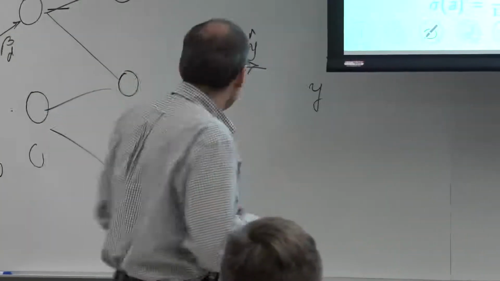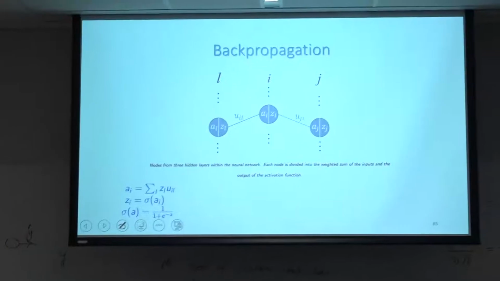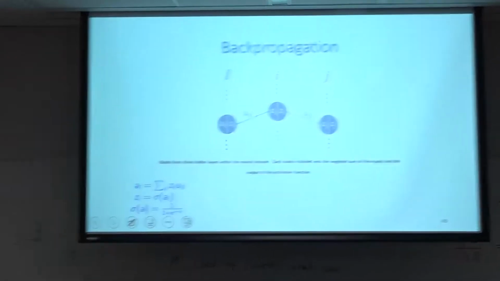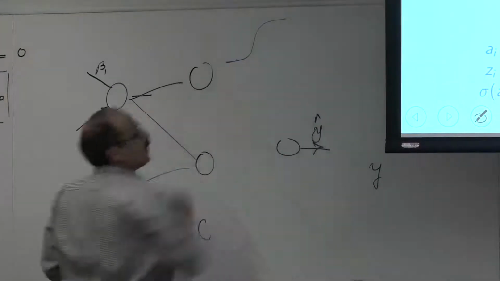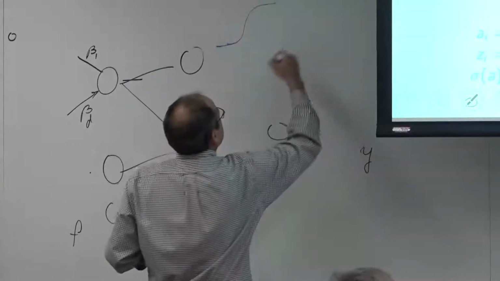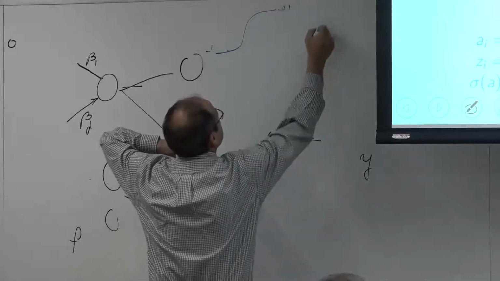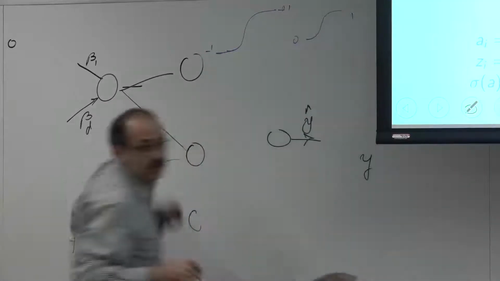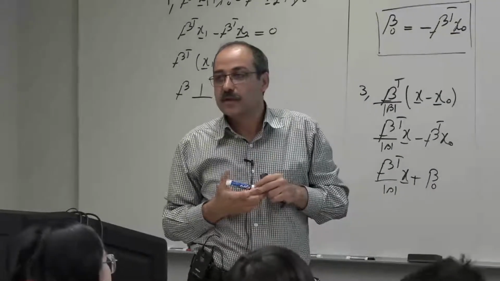So this nonlinear function which we apply to A could be any nonlinear function, and there are some popular ones. One of them has this form, a logistic function. Another one has exactly the same form, but the difference is that it is between -1 and +1, while the logistic function is between 0 and 1. So there is the logistic function or the hyperbolic tangent function.